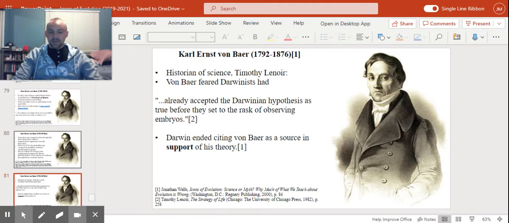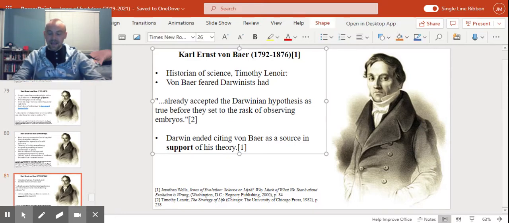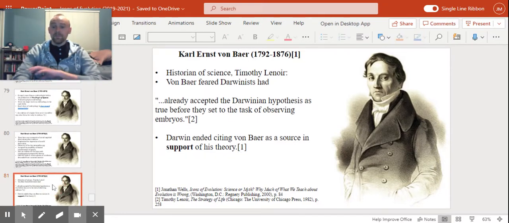Now, the historian of science, Timothy Lenoir, said that von Baer feared Darwinists had, quote, already accepted the Darwinian hypothesis as true before they set to the task of observing embryos. Read that again.